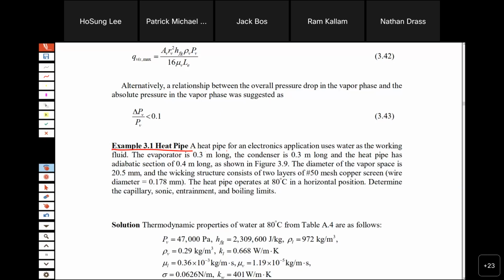A heat pipe for an electronic application uses water as a working fluid. Evaporator is 0.3 meter long. Condenser is another 0.3 meter long. The heat pipe has an adiabatic section 0.4 meter long, as shown.